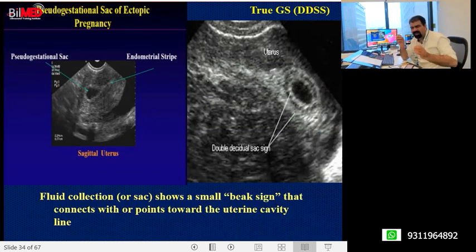Put this in your basket also, that I should see a beak sign in case I have a pseudogestational sac. And another thing to put in your basket is that I will not see any unobliterated uterine cavity. And if I see any unobliterated cavity, it is ruling out.